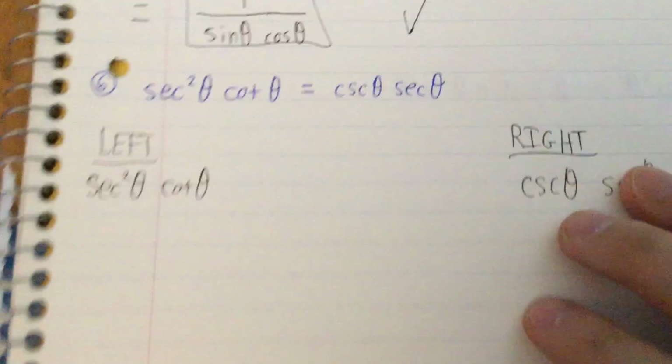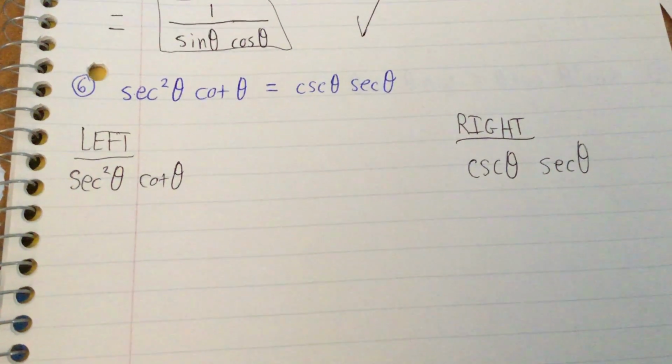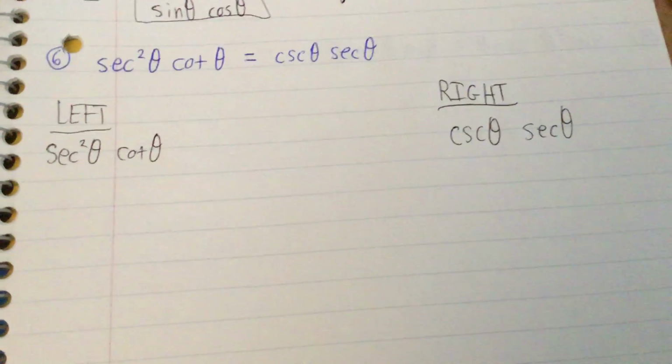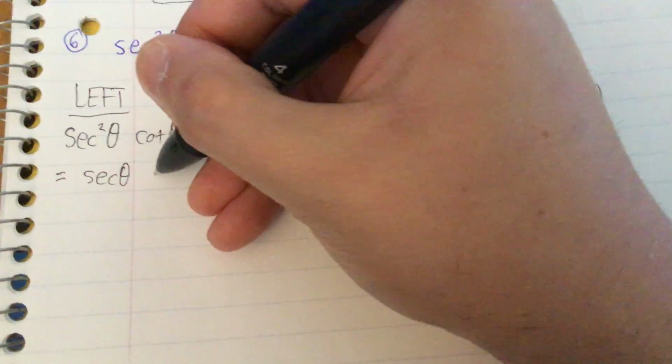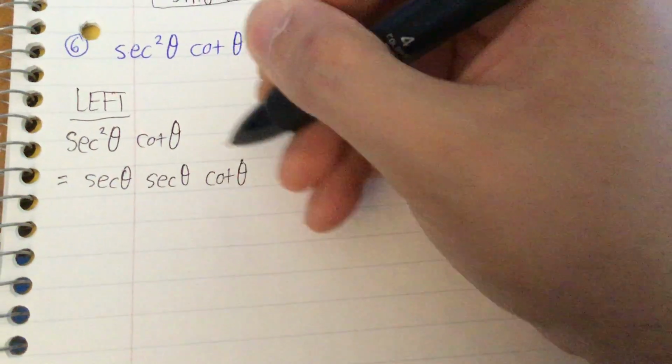Okay, so let's find some common ground here. I don't like complicated left and complicated right. I would prefer if complicated left met somewhere and complicated right met somewhere. So I'm going to rewrite this problem. Secant squared, I can write this as secant of theta, and I've got cotangent of theta.